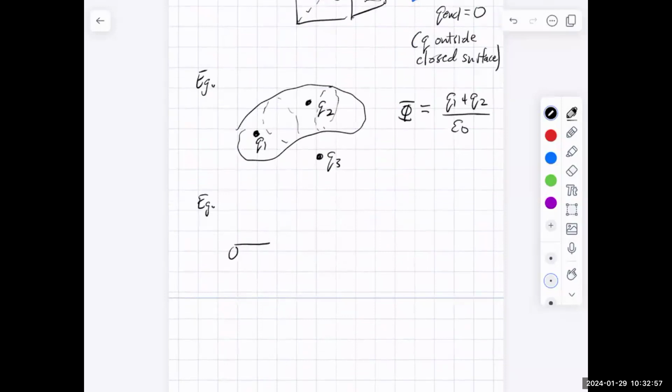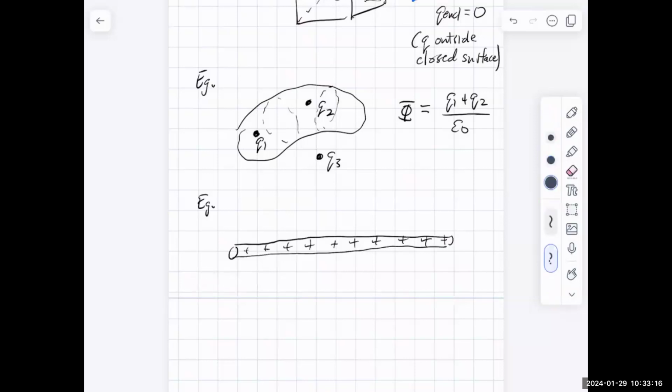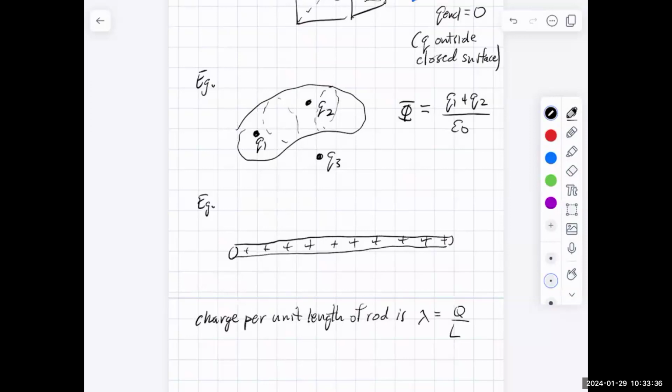Okay, I've got one more example, and this one will be a little bit more complicated. I'm going to draw a line of charge. So here's a rod that has some uniform charge distribution. The charge per unit length of our rod is lambda, say Q over L, whatever that is.